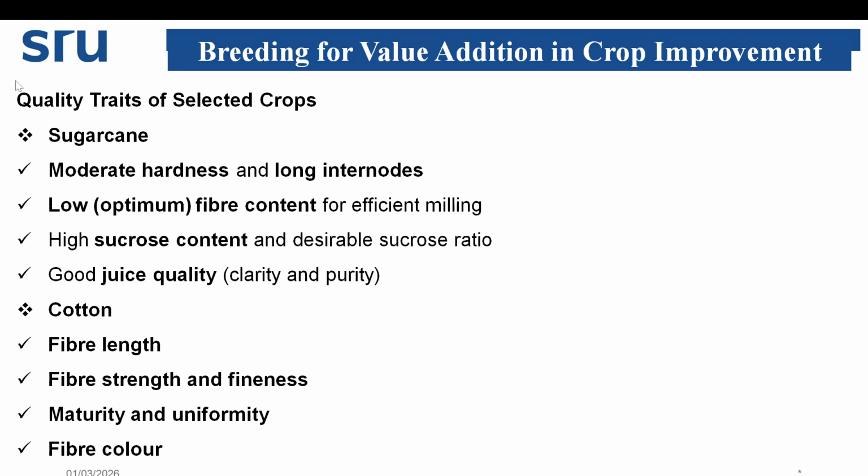Then sugarcane, moderate hardness and long internodes, that is optimum fiber content for efficient milling, high sucrose content and desirable sucrose ratio, good juice quality, that is clear juice with purity, no mixture. Then next crop, cotton. Some quality traits will include fiber length, fiber strength and fineness, maturity and uniformity and fiber color.